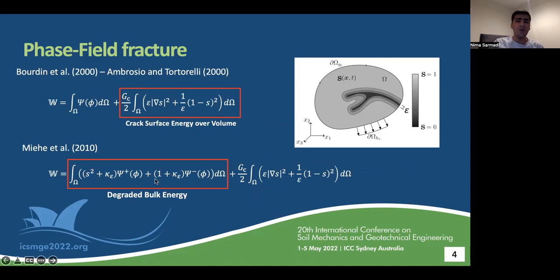What is important here is the contribution of energy to form the cracks. And that contribution of energy has evolved via different research studies to define the degraded bulk energy.